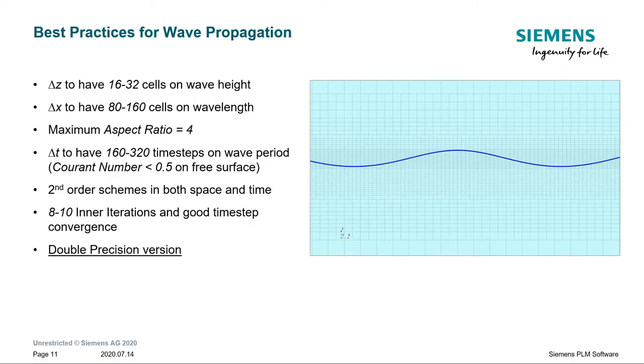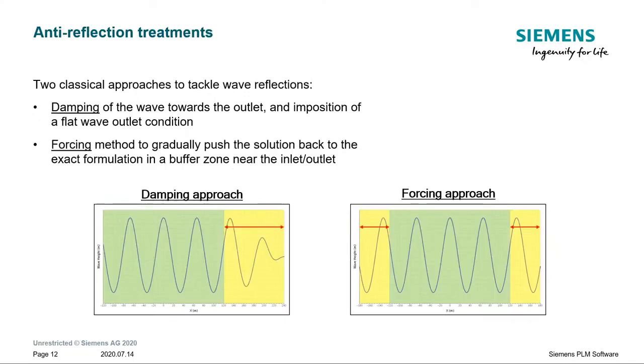Indeed, we need to allow for a Courant number less than 0.5 on the free surface, or even better if it's lower than 0.3 for stability, in particular when turbulence is activated. Of course, we need second-order schemes both in space and time, and we recommend to use the double precision version.